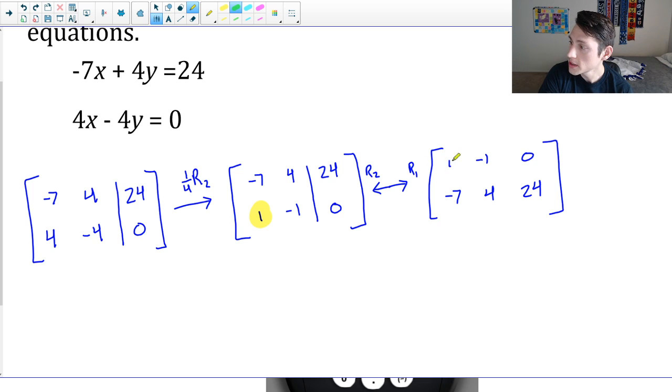So I have my 1. Next up is to clear the stuff below it. So I need to make the negative 7 into a 0.